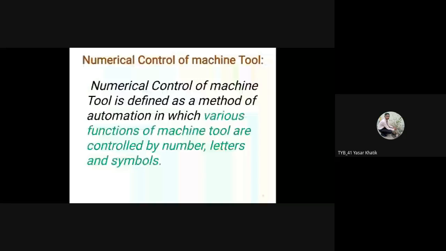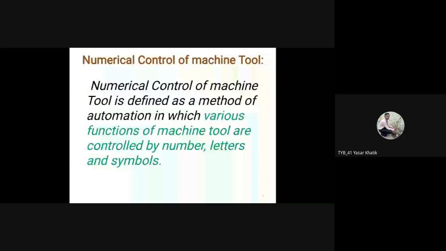For that purpose we are using numerical control machines. I will explain in more detail in the next chapter, chapter number 8, part programming, how we use this tooling nomenclature.